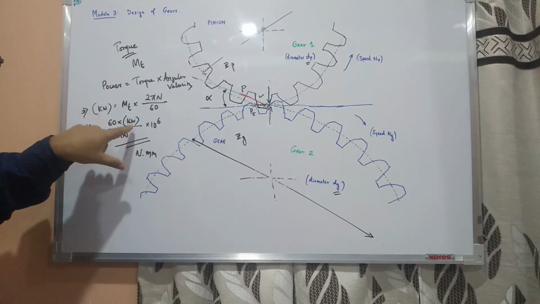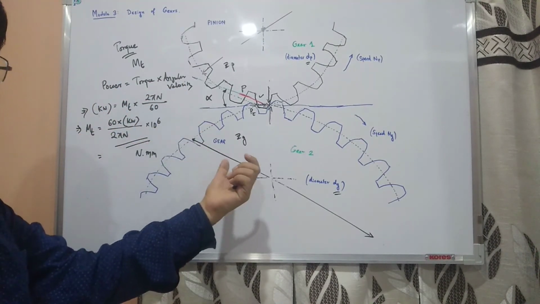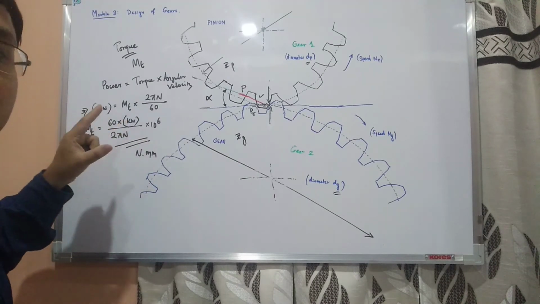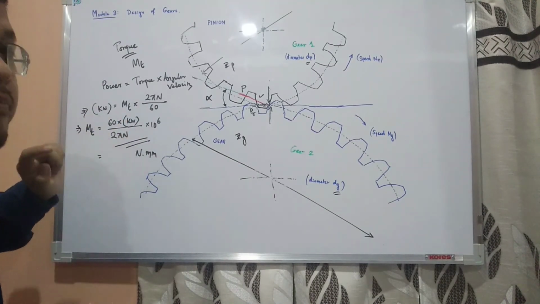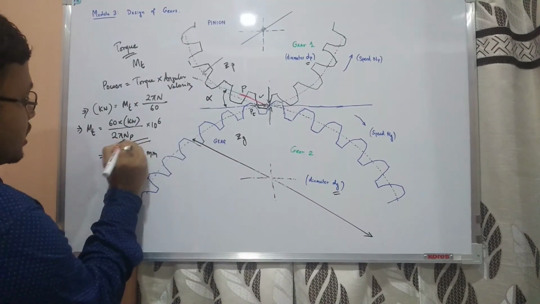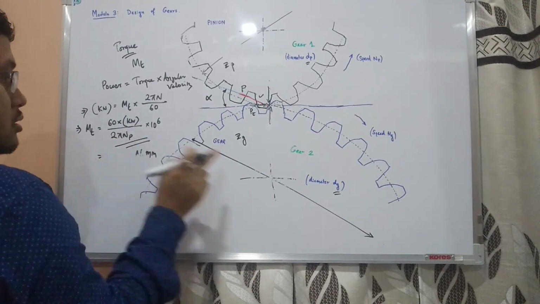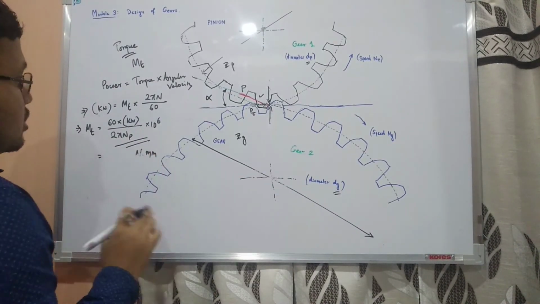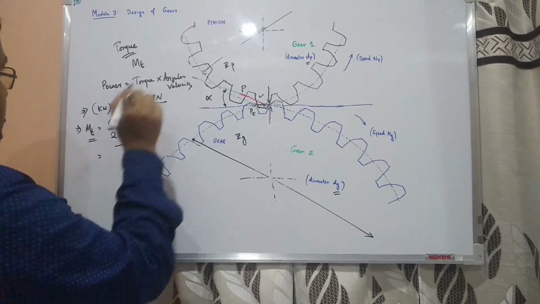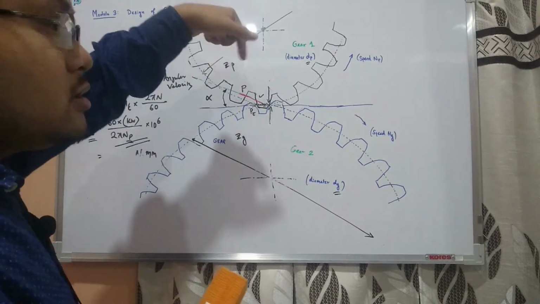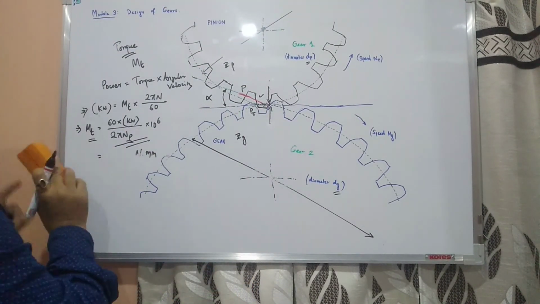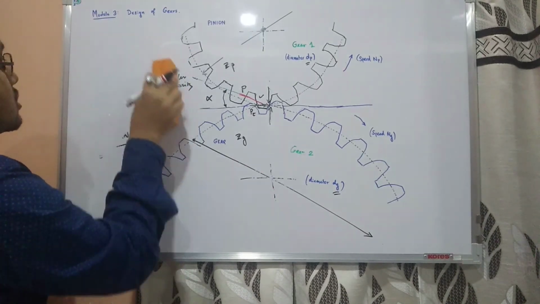So put the value of your power in kilowatt only, and N is in rpm. Now for pinion this will be Np. If you are finding the torque for the gear, this will be Nz. In general we find it for the pinion, because pinion is the driving one. So finding Mt using this.